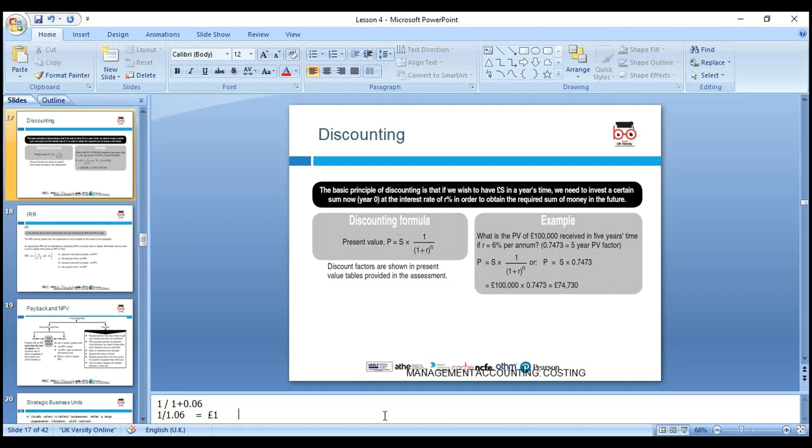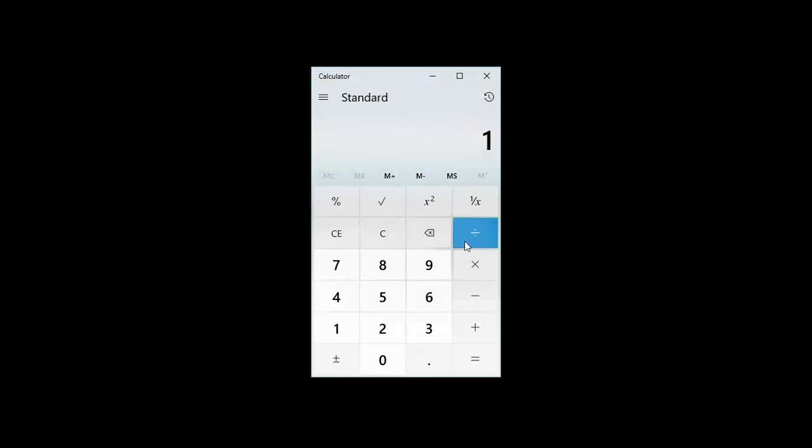If you want to check after 1 year, we'll use the calculator. Okay, I'll show you. 1 divided by 1.06.